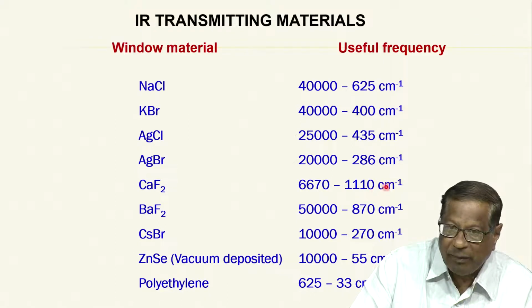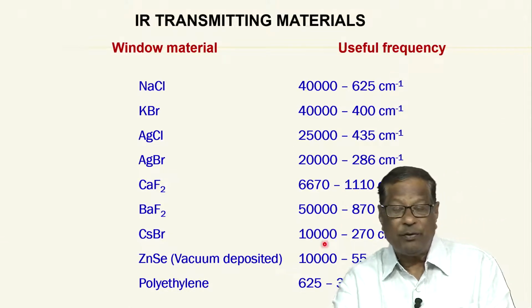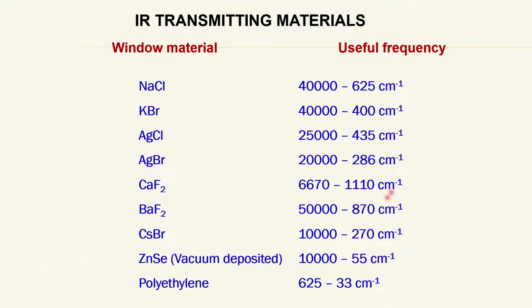That means many bending vibrations, if you want to see, you cannot use them, is it not? In bending vibrations 1110 is the last vibration that can be shown, but many bending vibrations do occur at less than around 800, 700 like that.